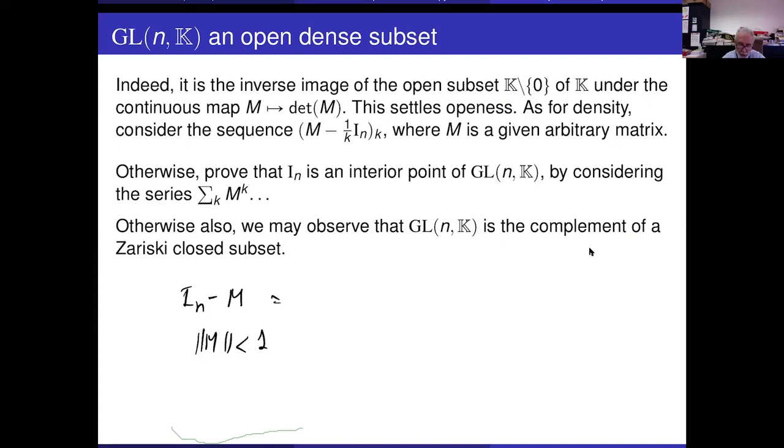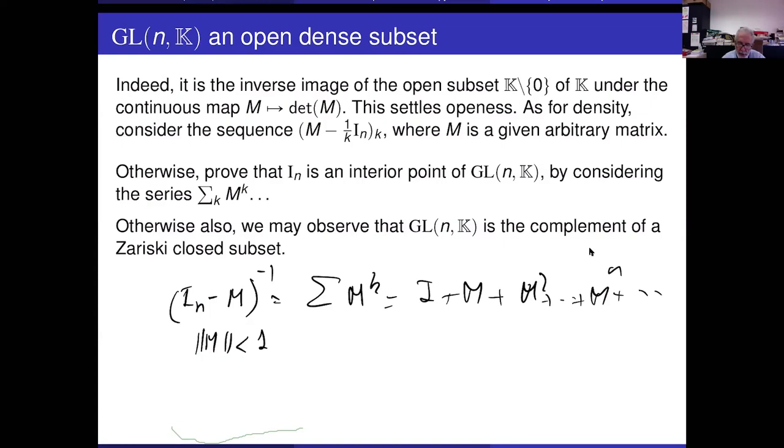And we can have its inverse as the sum of a series, which is very classical, which is the geometric series. Why is this series convergent? Because it is convergent in norm.